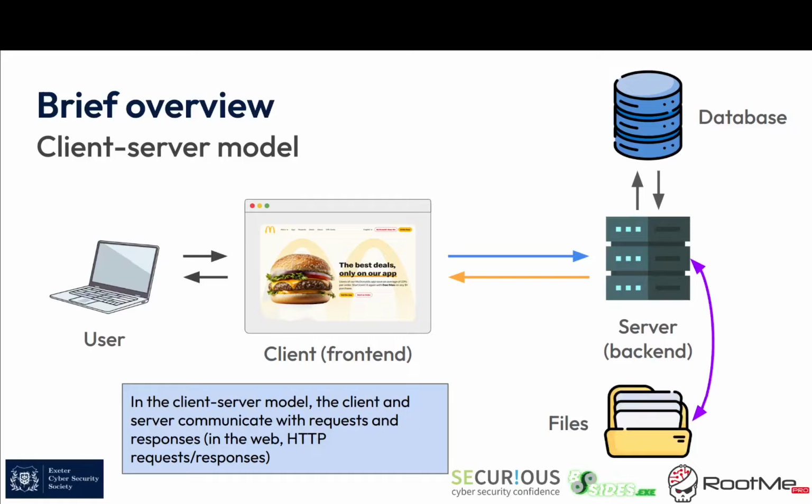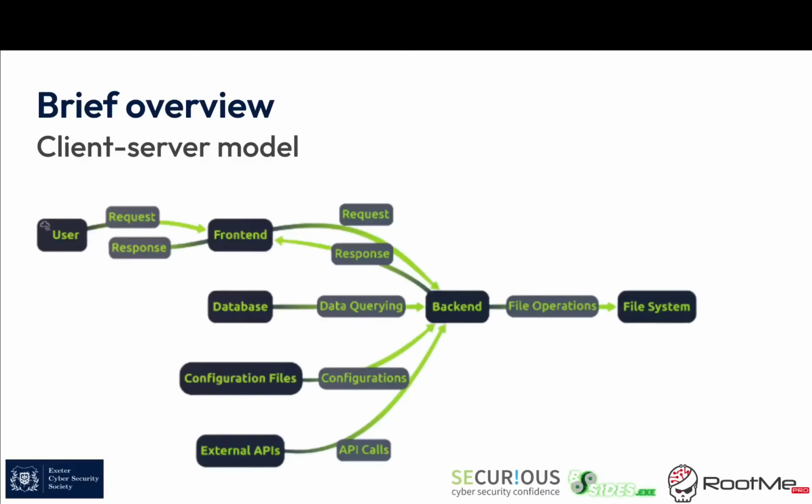The reason why this is important is because we're going to focus on this section, which is the communication between the server backend and the files that live on the server. I got this diagram from TryHackMe. I really like it because it gives you a really clear separation of which services are responsible for all the requests and responses between the front end and the back end.